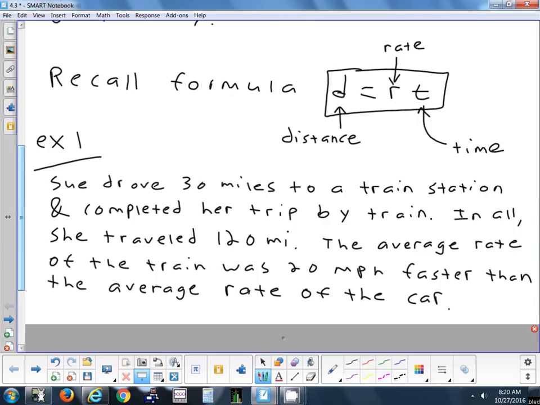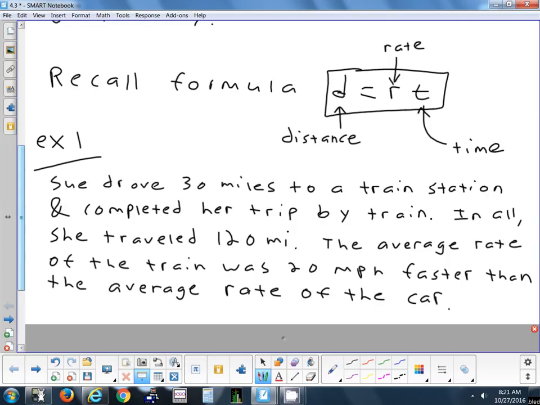Okay, so as far as example 1, you really don't need to write down the whole problem. You just need to write down the key numbers. So Sue is driving 30 miles to a train station. She's taking 2 modes of transportation. She's driving some of the trip, and she's going to take the train for the rest. Total distance, 120 miles.